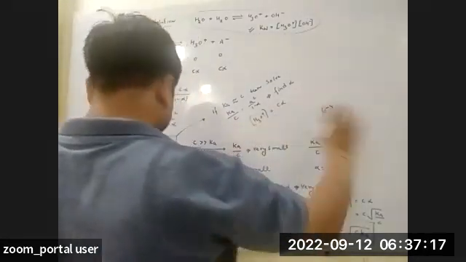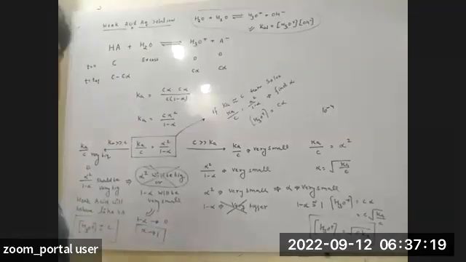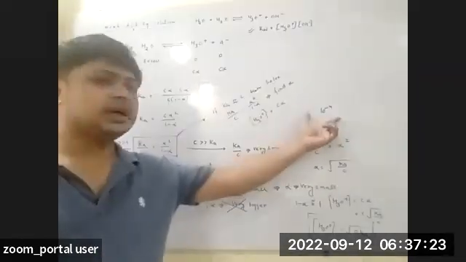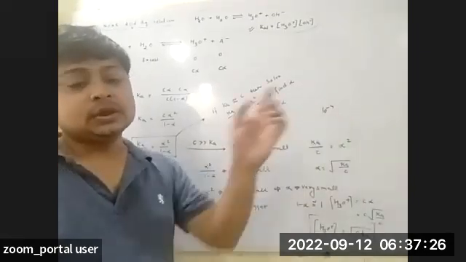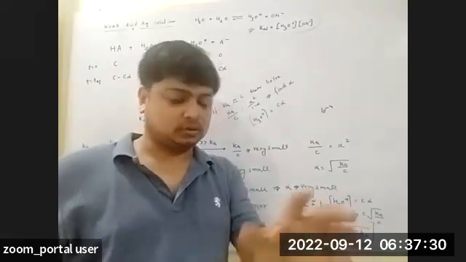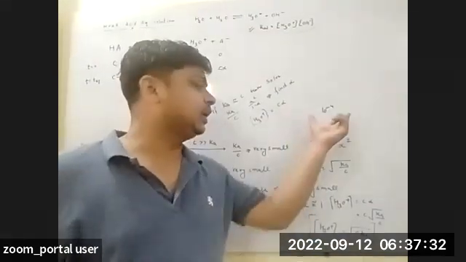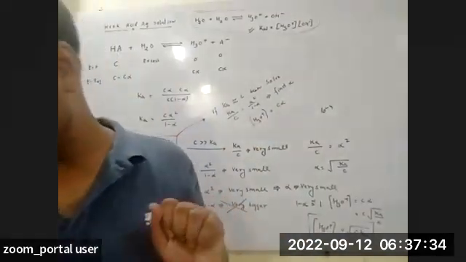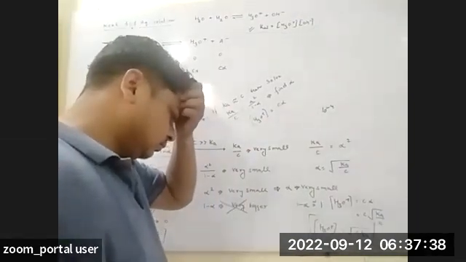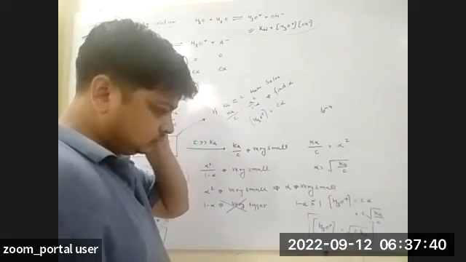In any case, if H3O plus coming from acid is 10 to the power minus 4, then it is 100% sure that the total OH minus ion will be 10 to the power minus 10.